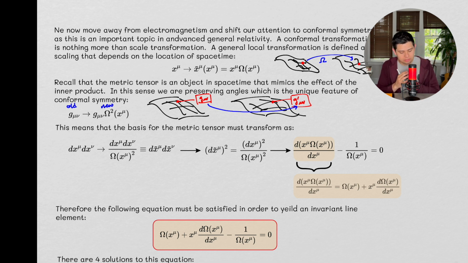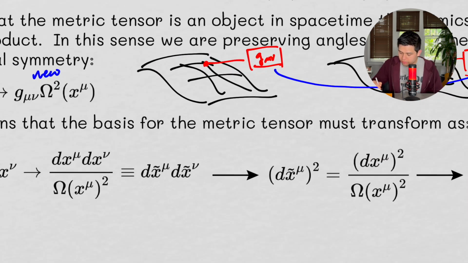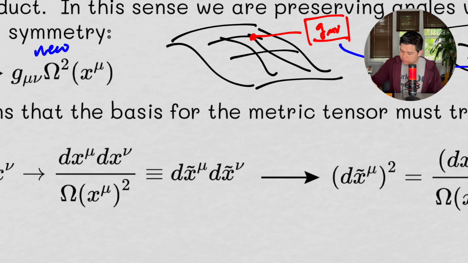And as the angle approaches 0, the inner product increases, right? You can sort of think of the inner product as something that measures how much two vectors agree with each other, okay?